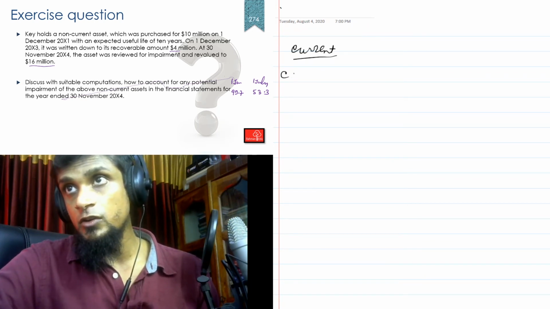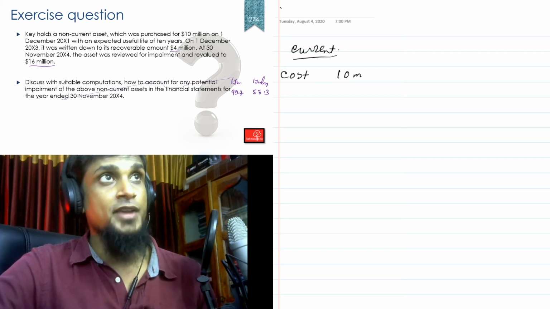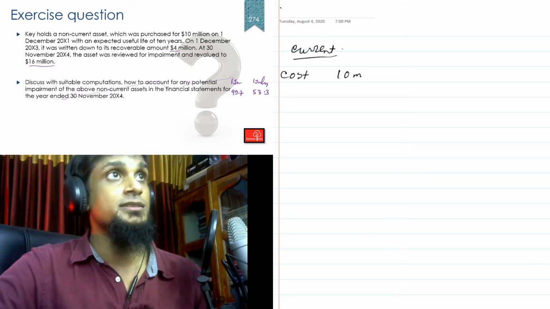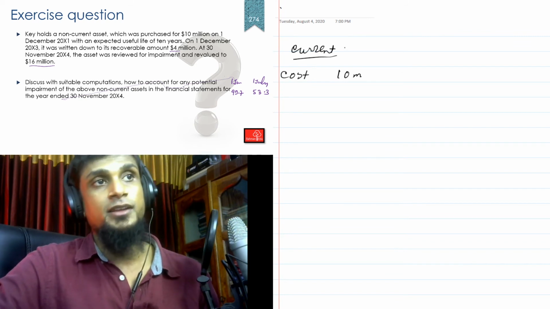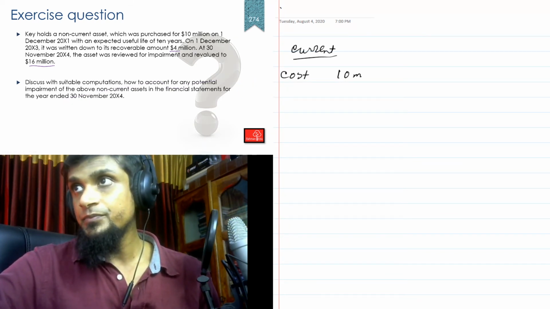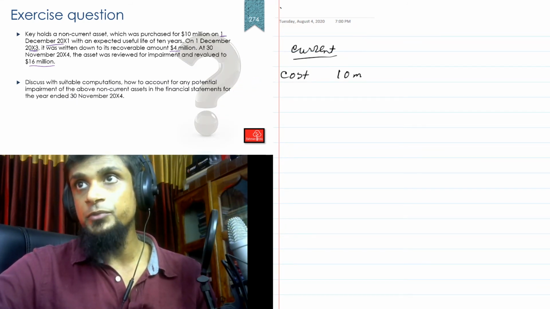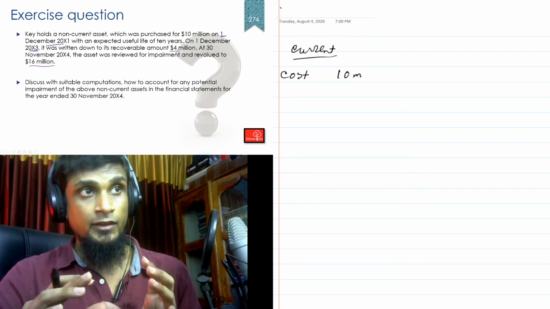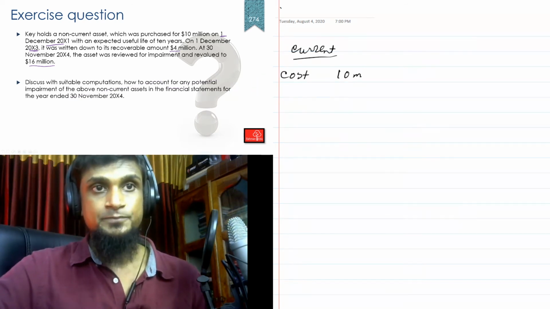We started with the cost, $10 million. Then we need to find out how many years have gone since you purchased it on 1 December 2001 to 1 December 2003. Depreciation for these years: 1 to 2, 2 to 3. 2 years have gone. Yes?